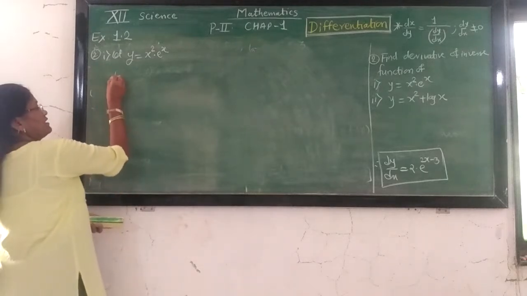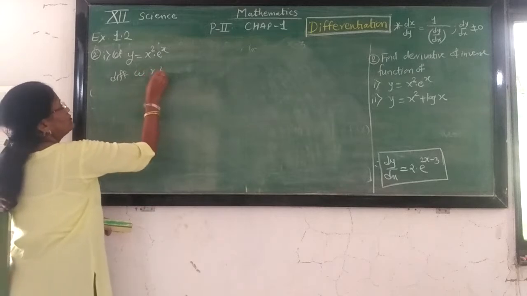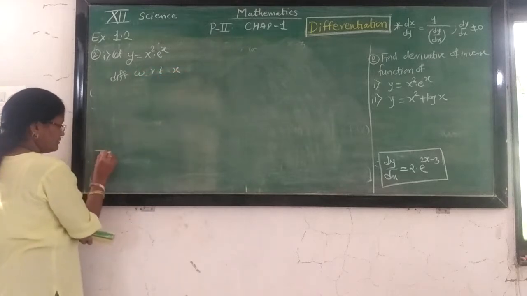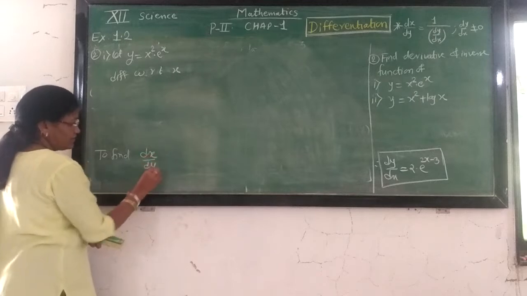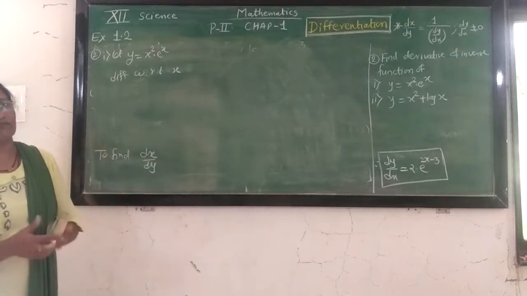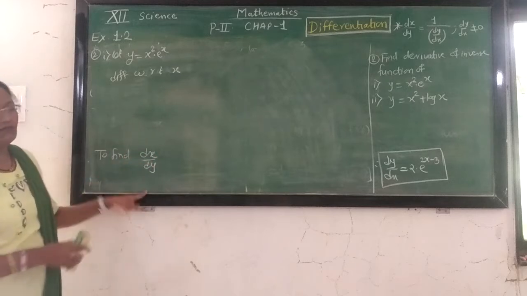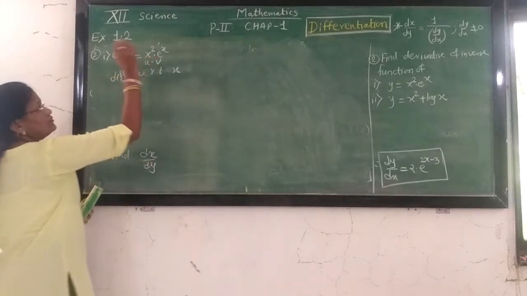So here the method is direct differentiation. Differentiate this y with respect to x. Finally, we have to find dx by dy. Because we are given y, but finding the derivative of its inverse function means finding the derivative of x with respect to y. Here we take y is equal to x square into e raised to x.